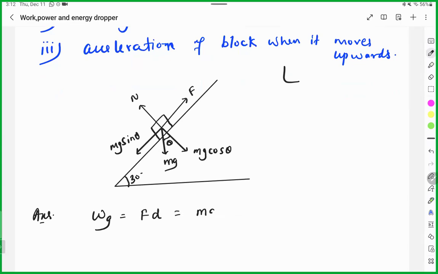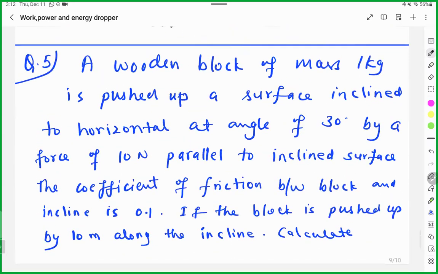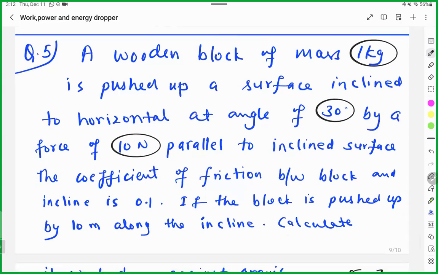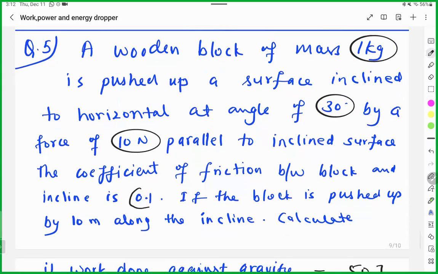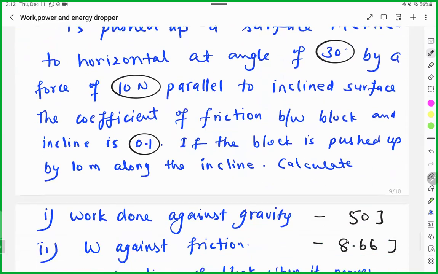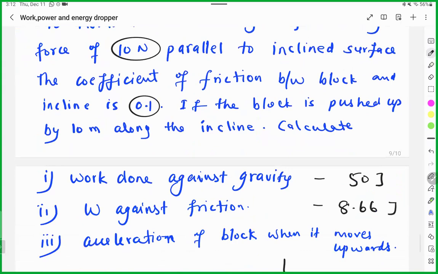Here force value is equal to mg sin theta, into displacement. 10 Newton force, 1 kg mass, angle 30 degree, and 10 meter displacement.